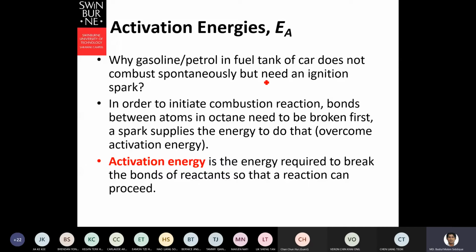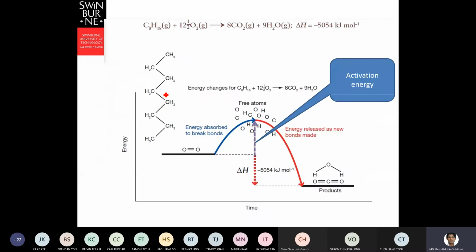So why is it so? And if there is no spark, then what is actually happening? That there is a spark and it starts to burn. This thing actually is here, this is oxygen, right?